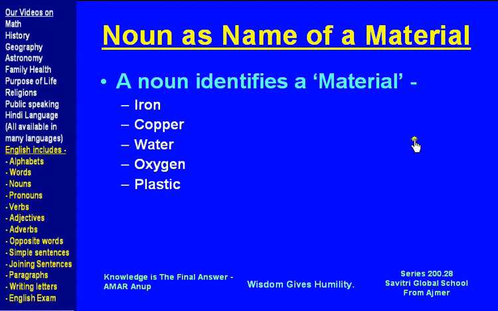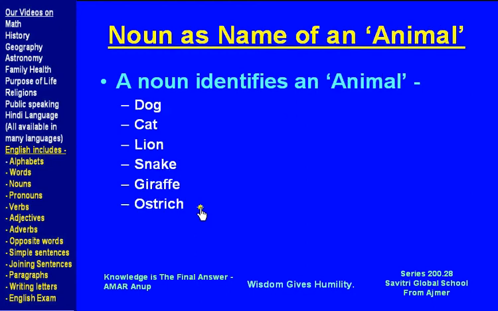Now, noun as a name of material, some consider it to be independently a separate category of noun, or some include it under thing, as I mentioned a moment ago. It doesn't matter where you include it, but words like iron, copper, water, oxygen, plastic are all examples of materials as noun.